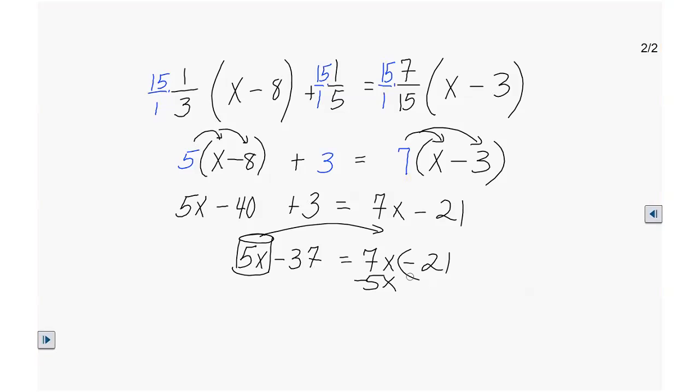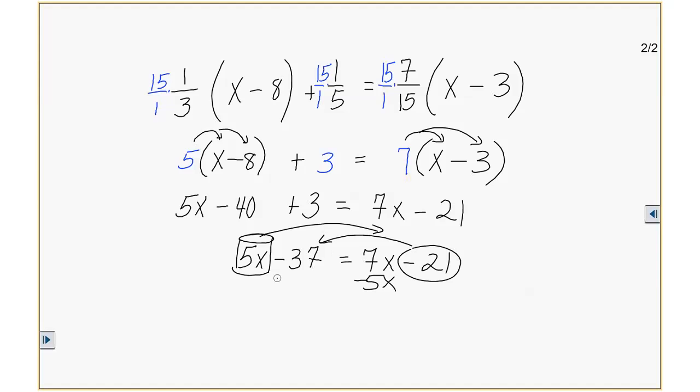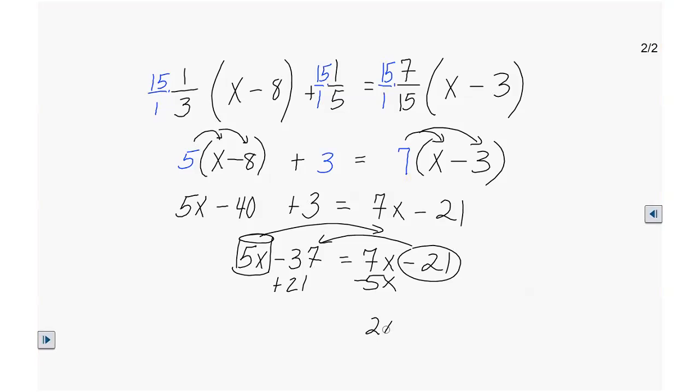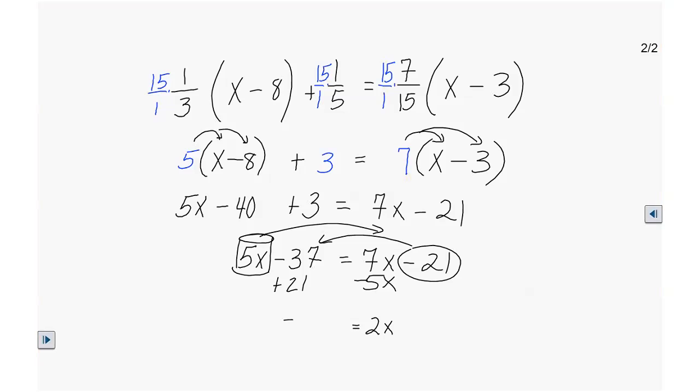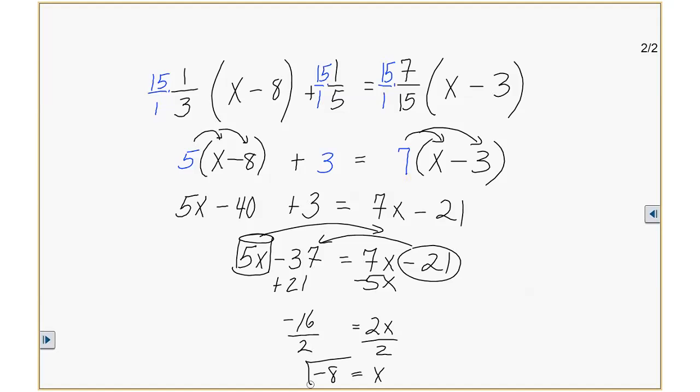Take the 21 across the river. 2x is equal to negative what? 16. X is equal to what?